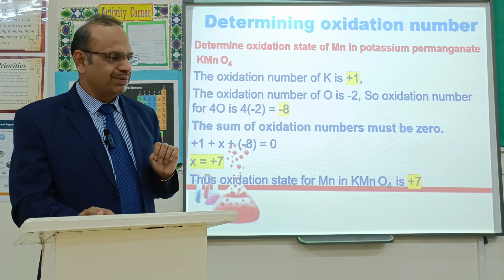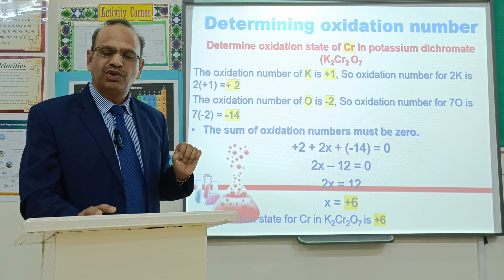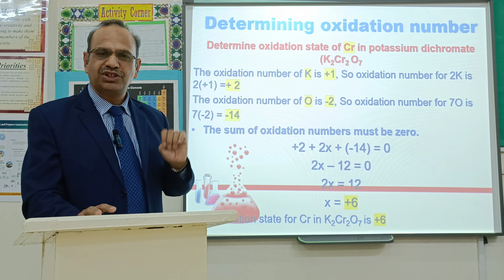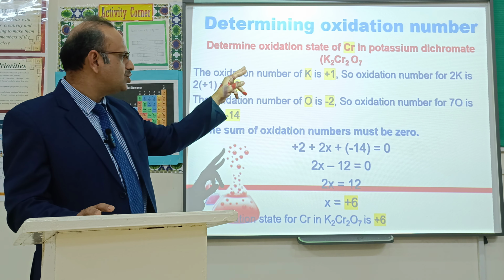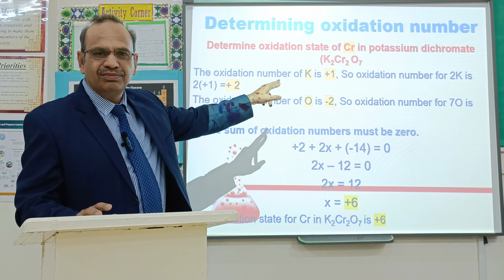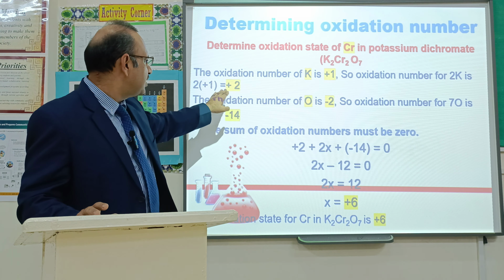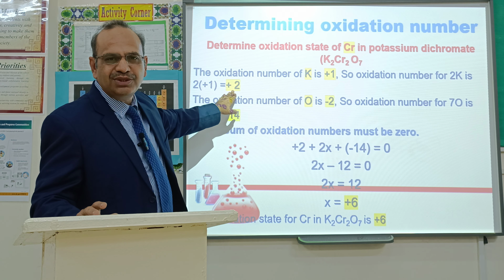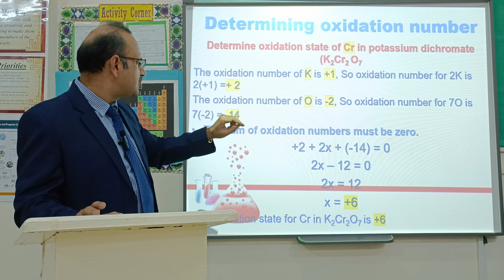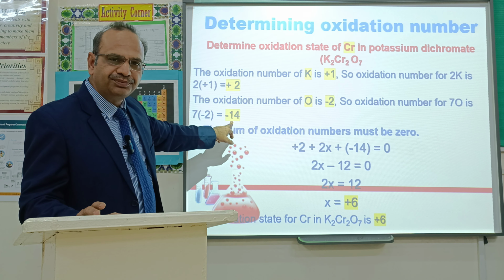I can give you another example. Look at the famous example, determination of the oxidation number of chromium in potassium dichromate, K2Cr2O7. The oxidation number of potassium, which belongs to the first group of the periodic table, is plus 1, and there are 2, so it becomes plus 2. Oxygen, 1 oxygen minus 2, 7 oxygen minus 14.